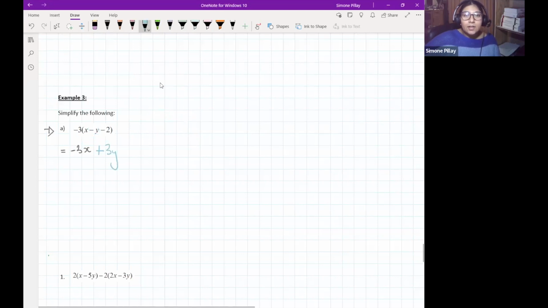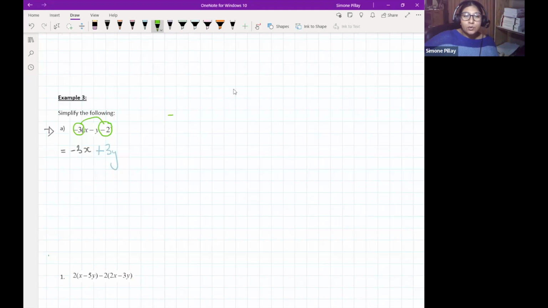And then last we have negative 3 multiplied by negative 2. What is that? Lufuno is saying negative 5. Lufuno, what you went and did is you did addition.